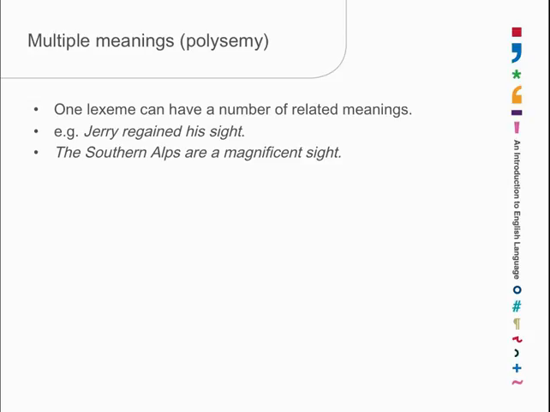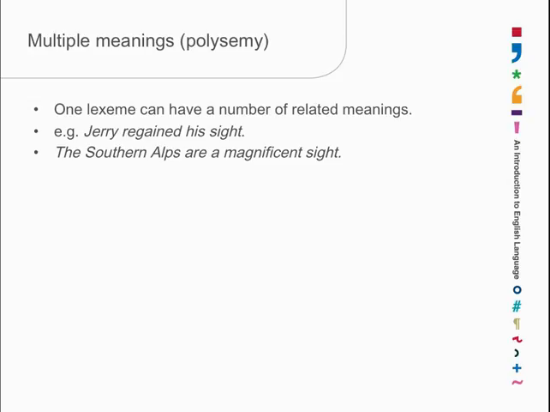If something is a magnificent sight, then it means that you've been able to look at it with your eyes, so regaining your sight and something being a good sight, S-I-G-H-T, those are related. In this case, we would have to say that one form, the form sight, has a number of related meanings.